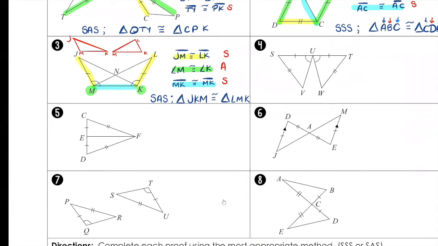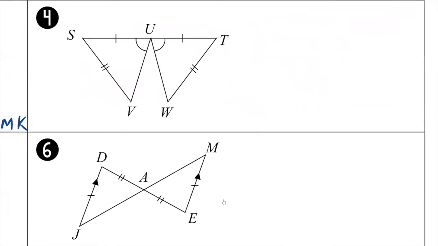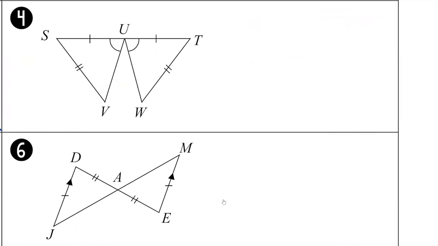Number 4, what do we got? U. What about U? We got to get specific here, because U could be any of these angles. So we've got to get specific if we're talking about that angle. SV is congruent to TW.